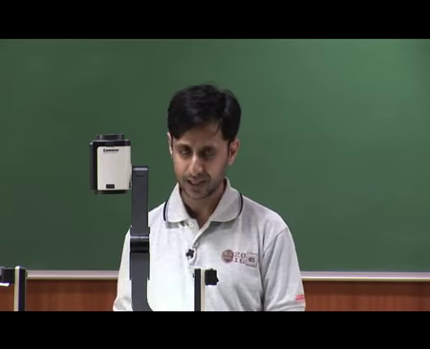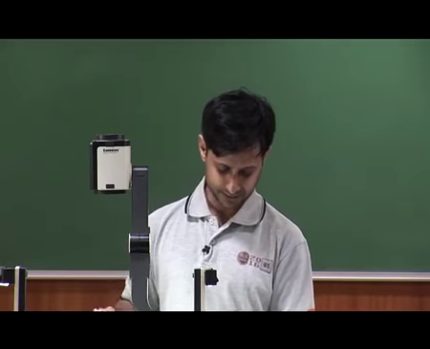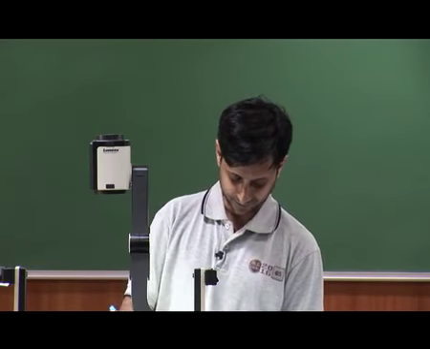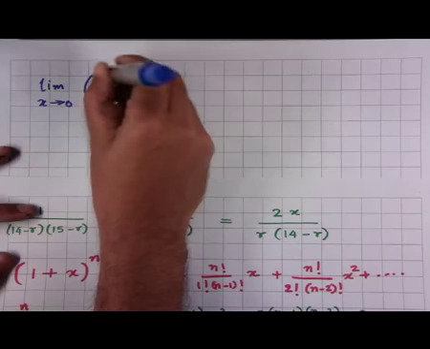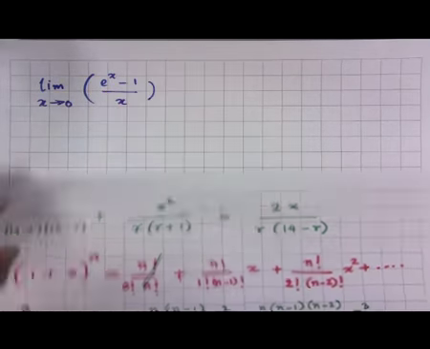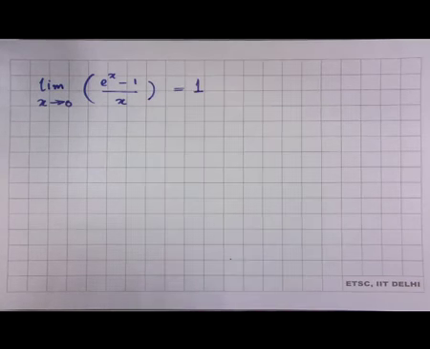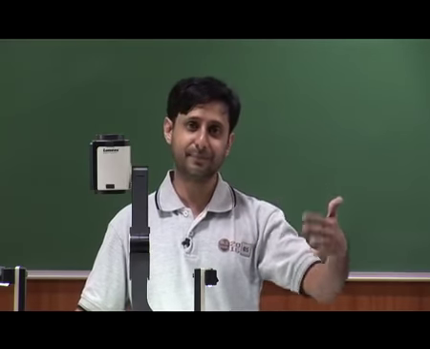Okay. One possible use, I do not know what level of calculus you have studied so far, but let us assume that you have at least studied till limits. You might have studied this relationship, limit x tends to 0 of e power x minus 1 by x. We have already covered the basics of binomial theorem, and now we are going into more serious applications.